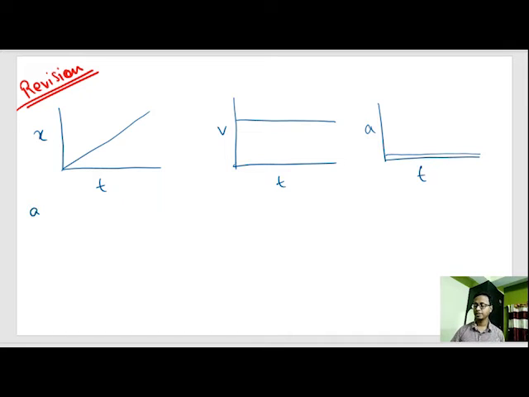So the first thing is the slope of the XT curve. The slope of the XT curve, or dx by dt, is equal to the velocity at that time t where the slope is taken.